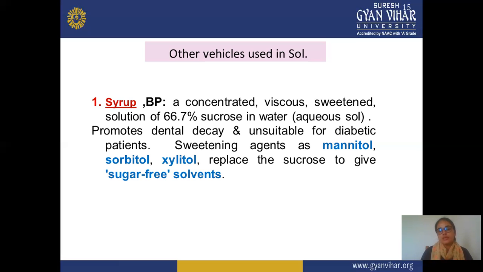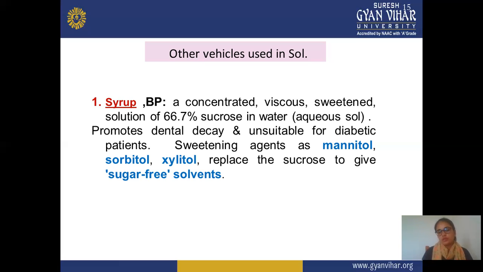And sweetening agents like mannitol, sorbitol, and xylitol replace the sucrose to give a sugar-free solvent. So the major sweetening agent used is sucrose, at 66.7%, but this sucrose has a very high concentration of sugar, and persons who have diabetes shouldn't take this type of formulation, as well as the tooth decay problem.